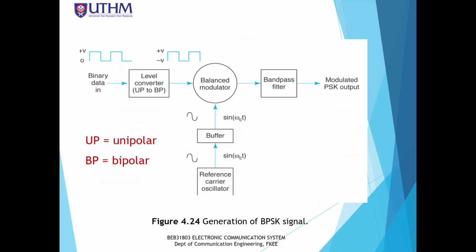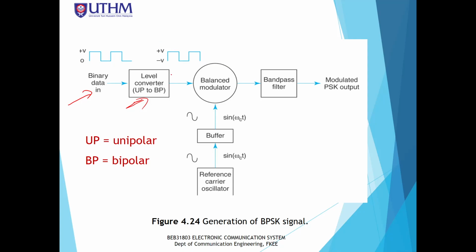And this is a block diagram for the BPSK, binary phase shift keying signal, showing how we generate the BPSK. For the input, we have a unipolar signal, and then a level converter to change from unipolar to bipolar.